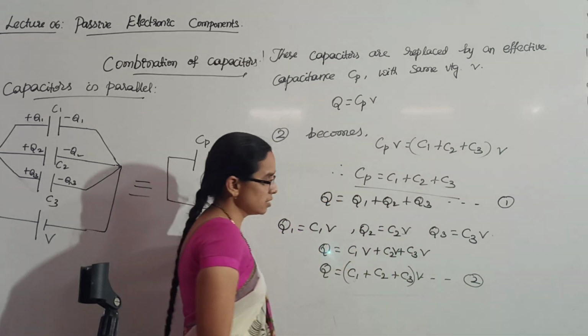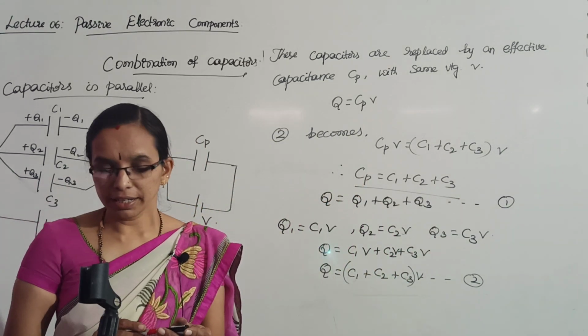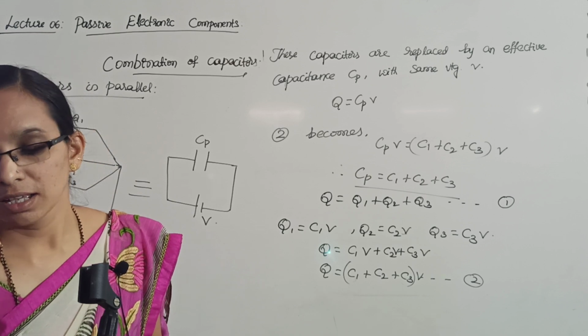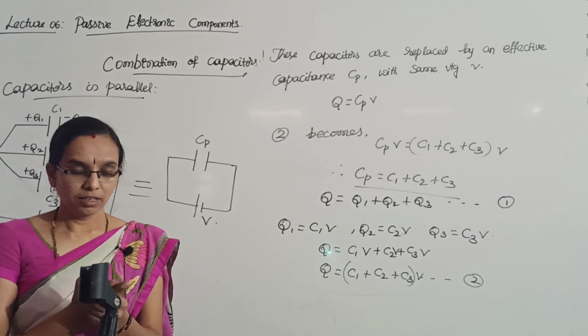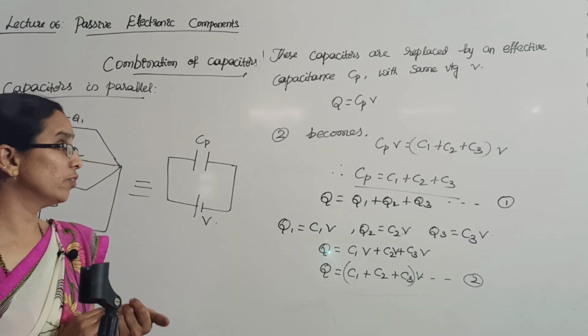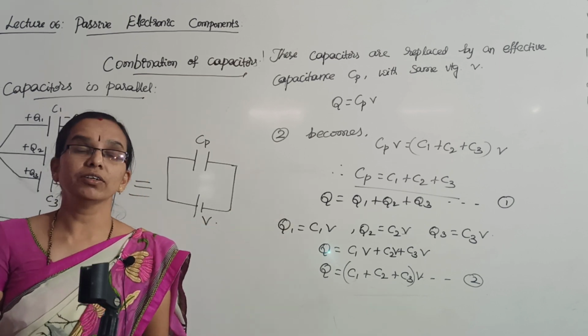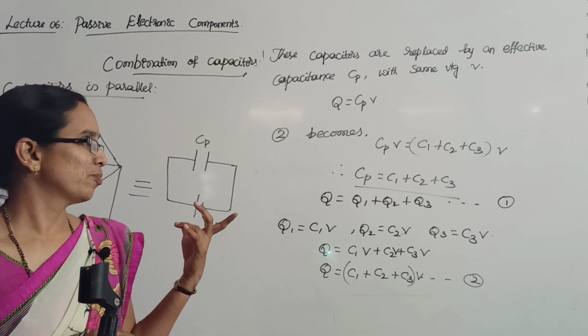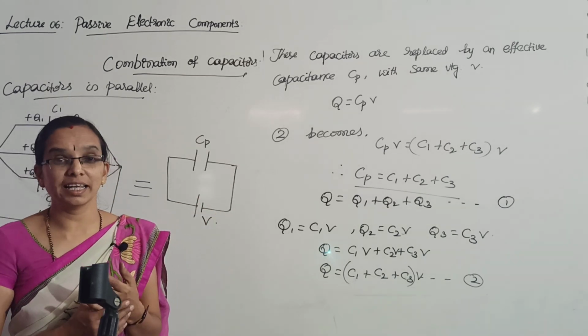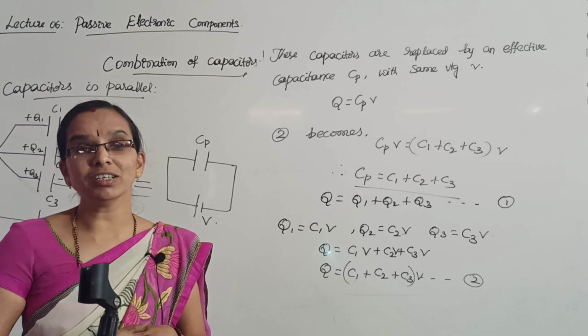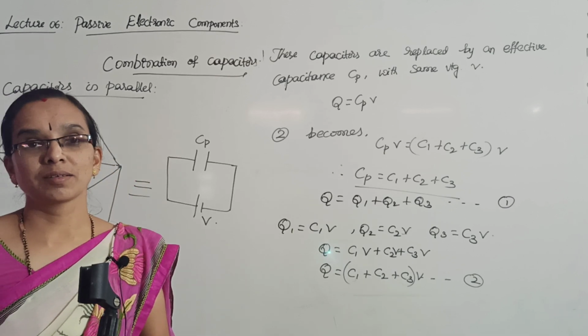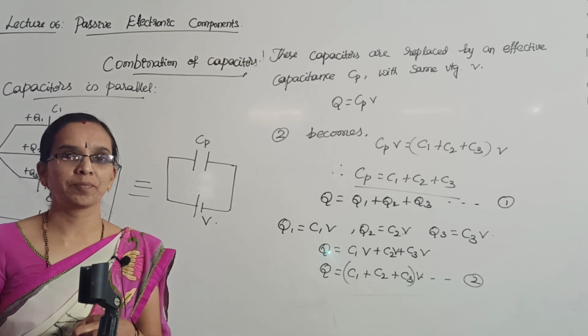So the effective capacitance of capacitors connected in parallel is equal to the sum of the capacitances of the capacitors.